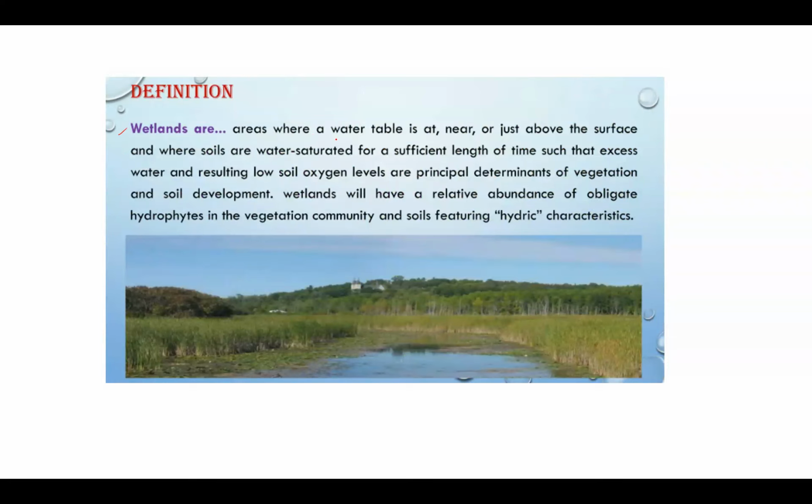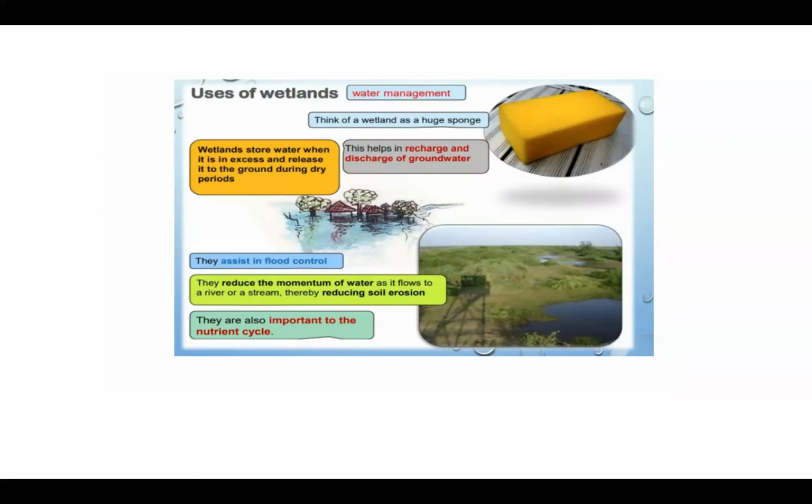Wetlands are areas where the water table is at, near or just above the surface, and the soils and water are saturated for a sufficient length of time such that excess water and resulting low soil oxygen levels are principal determinants of vegetation and soil development. Wetlands will have a relative abundance of obligate hydrophytes in the vegetation community and soils featuring hydric characteristics. You can read into this, and also the uses of wetlands.